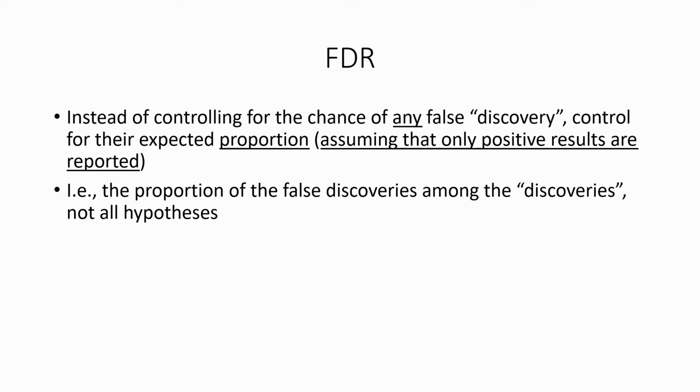The assumption here is that we only report positive results. For example, if we test 20,000 genes and we get 1,000 genes to be significant, then people will tend to report only those 1,000 genes, and in their paper they will say, we found 1,000 genes to be significant.